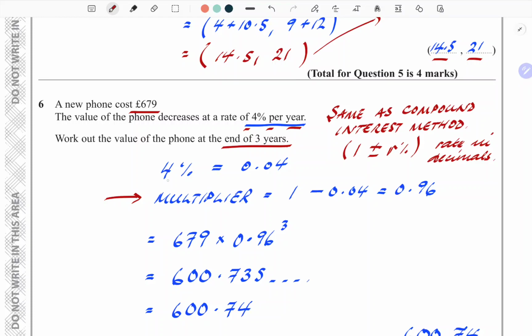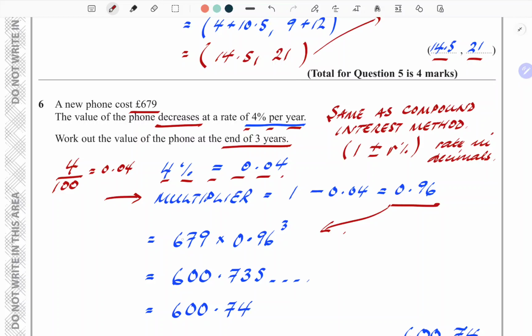So 4%, remember percent is 4 over 100, so 0.04. The multiplier in this case is a decrease, so it's going to be a minus. 1 minus 0.04 gives us a multiplier of 0.96. Bring that down there.